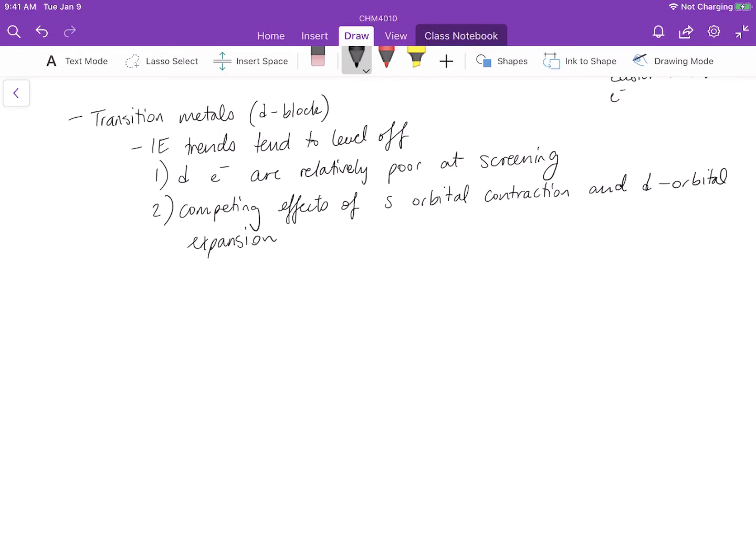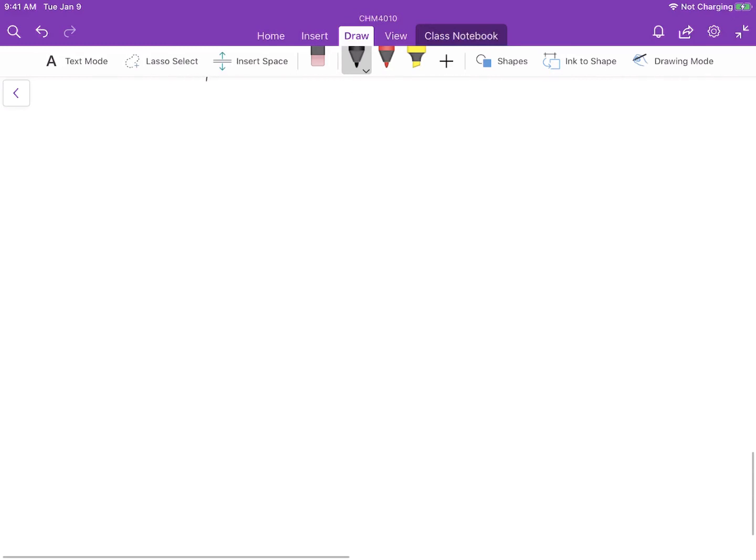So we're going to look at some of the ionization trends across the transition metal period. We're going to compare ruthenium, rhodium, palladium, and silver.